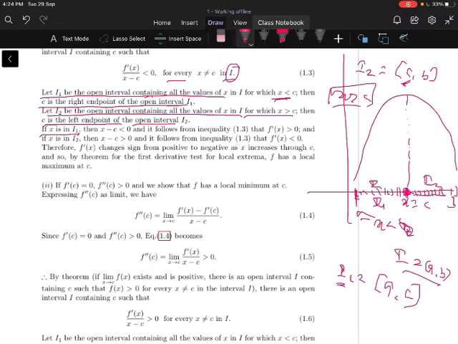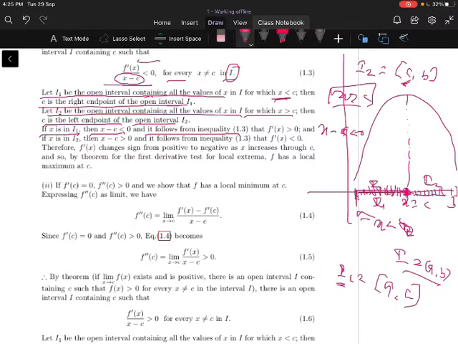I define like this. If x is in I1, then x minus c is negative. You can observe that this is the interval I1. So these are the x values here. Obviously x values are less than c. Therefore, x minus c is always negative.